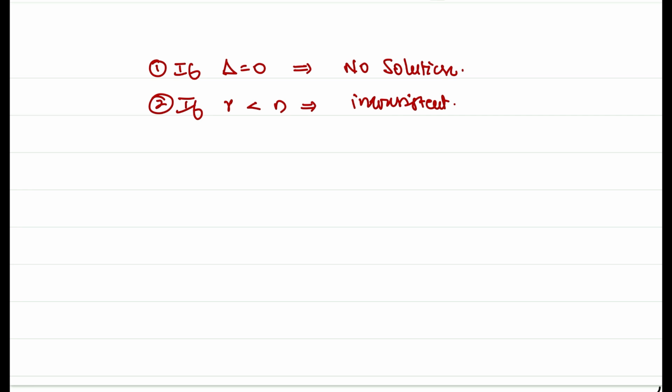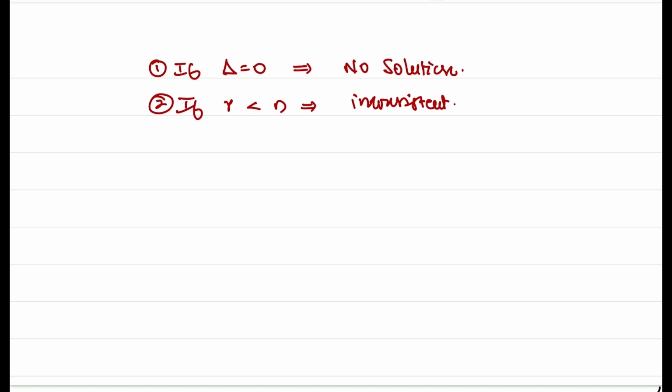For your benefit, I am going to write all the three conditions here, how to find the behavior of simultaneous equations. It is very, very important. We should not read half and say that the system is consistent, non-consistent, having solution, not having solution. We should stretch ourselves a little to know about the system's consistency also.